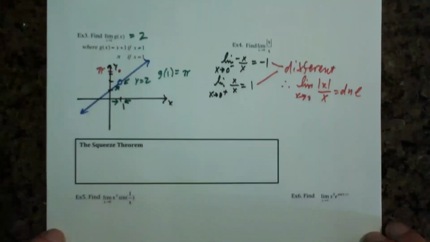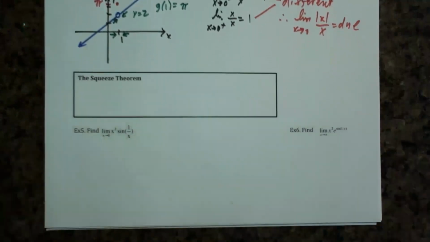All right, last part of this video is something called the squeeze theorem, sometimes called the sandwich theorem, depending on which textbook you're looking at. They are the same theorem.